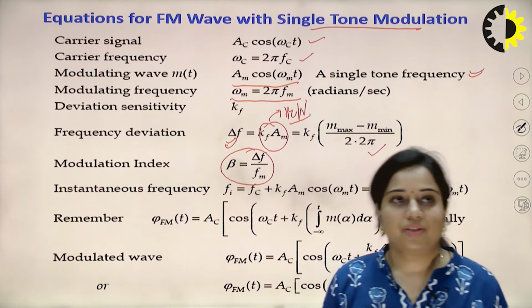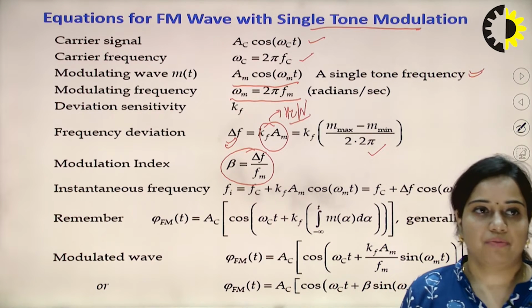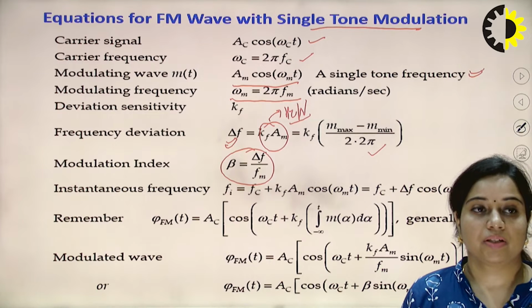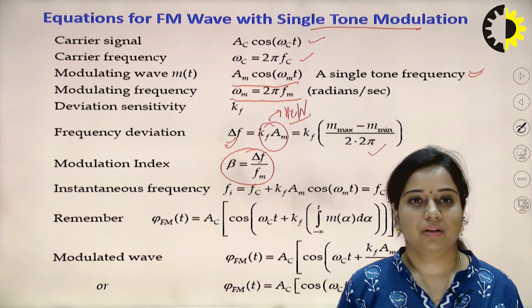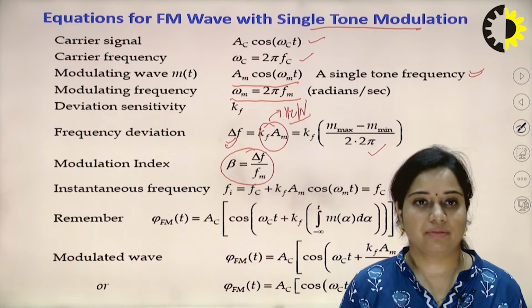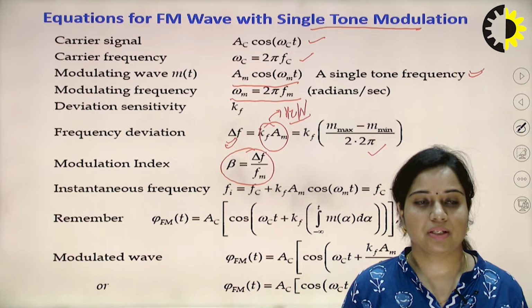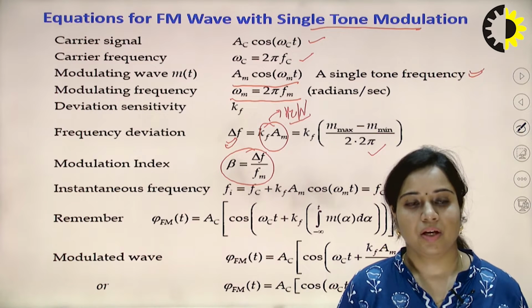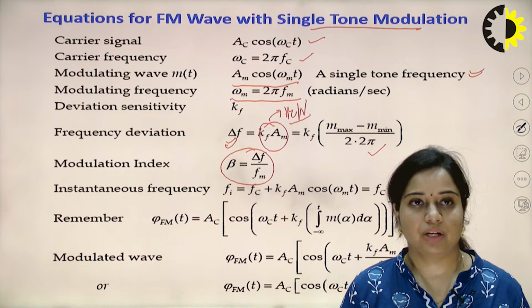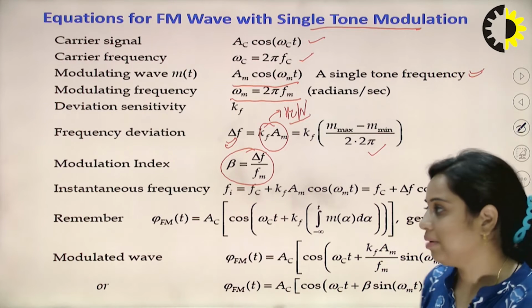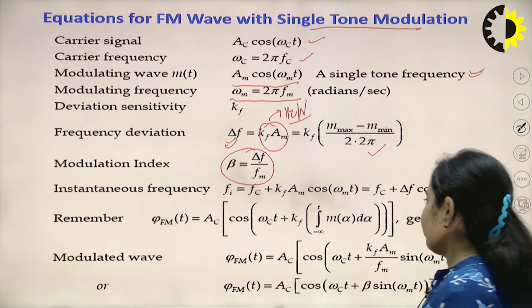Now when we are considering the FM wave, we have to consider a parameter, that is instantaneous frequency, which means that the frequency is changed from carrier frequency and the resulting frequency will be the instantaneous frequency. Whereas in case of PM, phase modulation, we have to consider a parameter, that is phi i, instantaneous phase angle.